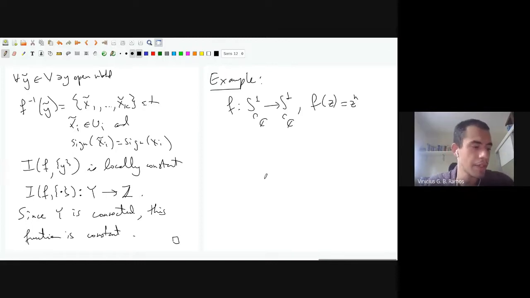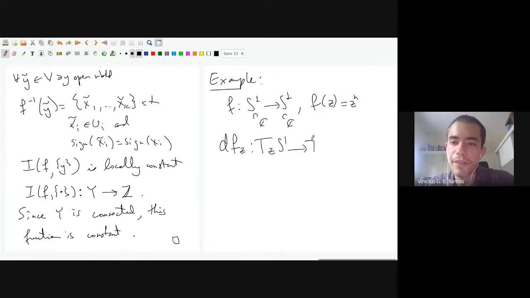First of all, you see that the derivative at a point z, from T_z S^1 into T_z S^1, which you can think of as the real line to the real line, is just going to be multiplication by n.